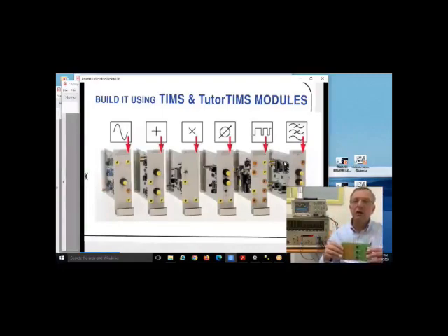So the positive side of this is, as professors have told me when they've taken TIMS or tried TIMS, they said, you know, Alfred, we understood what you said. We patched together an experiment, but it didn't look right.